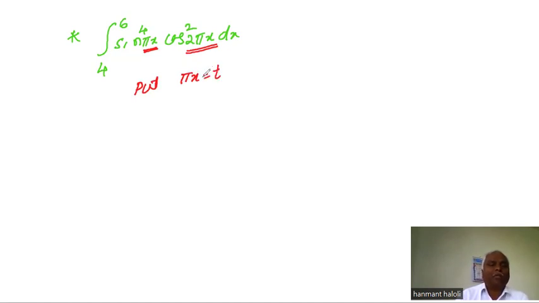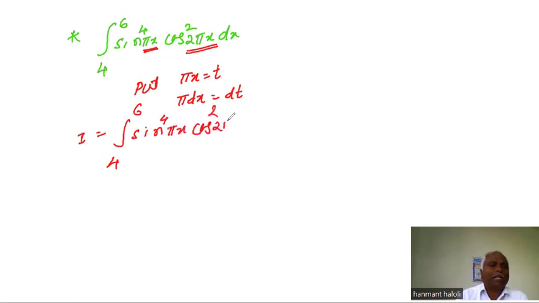This is a change of parameter. Put πx = t, then by differentiation you get π dx = dt, and then we change the limits. The integral I = integral from 4 to 6 of sin^4(πx) cos^2(πx) dx can be reduced into the integral formulas.